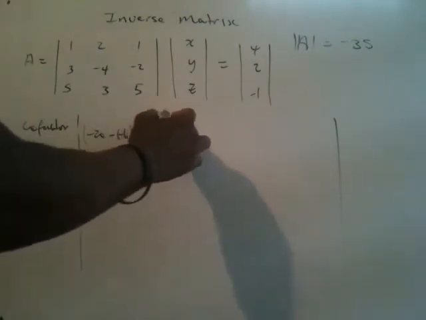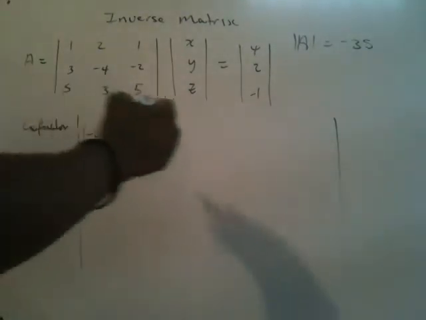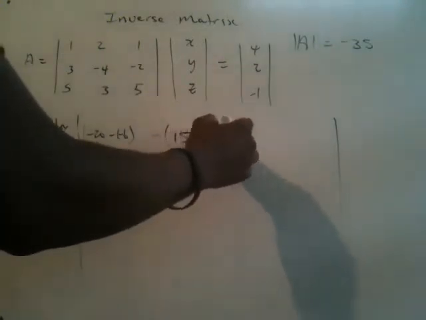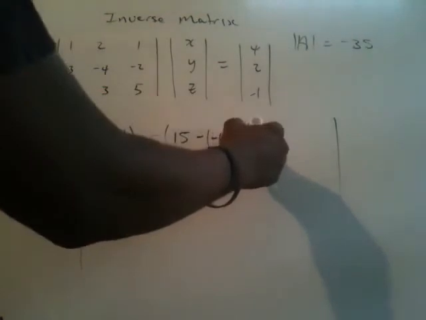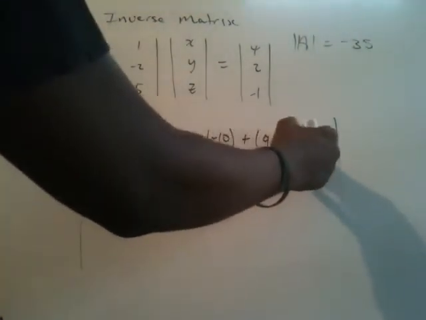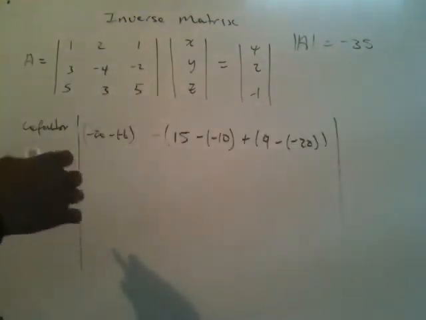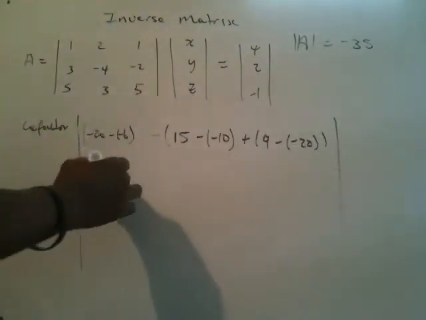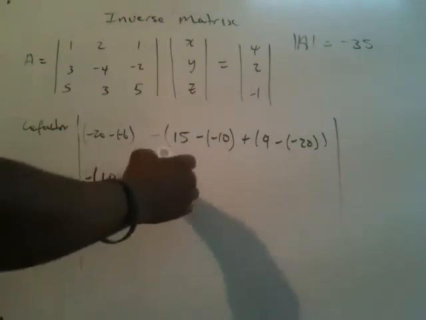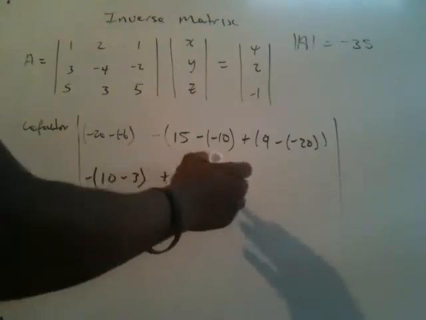So we end up with a minus, open bracket, 15 minus 10, and a positive (9 minus 20). For the next element, we have a minus, and we have (10 minus 3), and then a plus (5 minus 5).